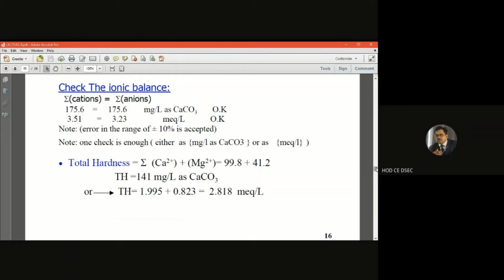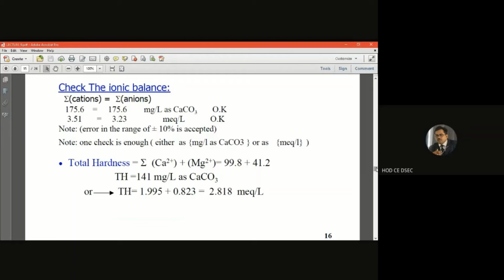So the total hardness will be the addition of the concentrations of those two ions in the water, Ca2 plus and Mg2 plus, which is 99.8 plus 41.2 equal to 141, which will be the answer, the total hardness. From the tabular values you have to sum these two figures, the calcium ion concentration and the magnesium concentration.